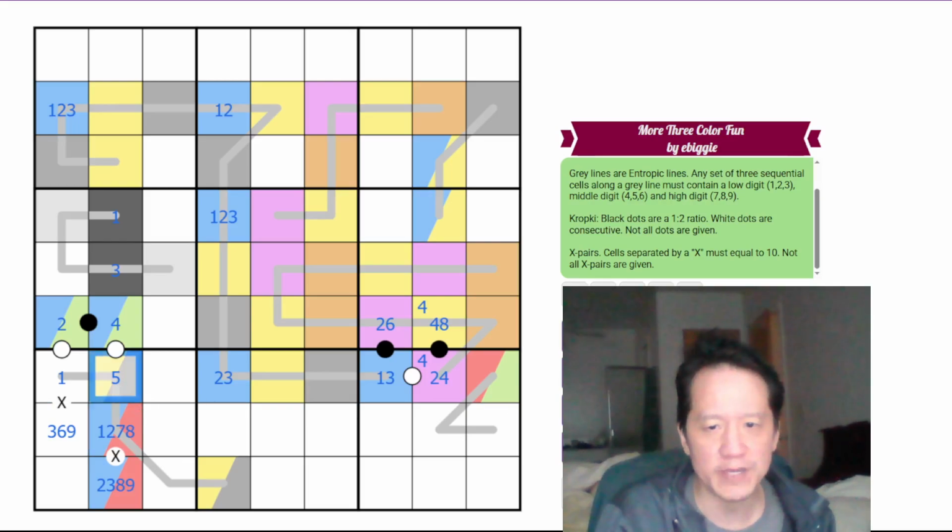So this is mid no matter what. Or this could be 4 and 3. This would be 4 and 3. This would be 7 and 3.